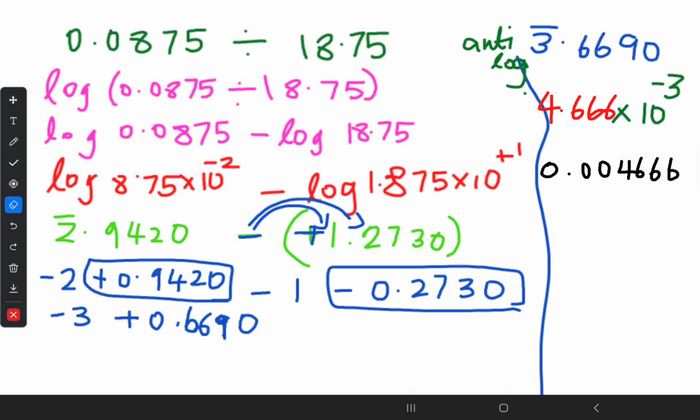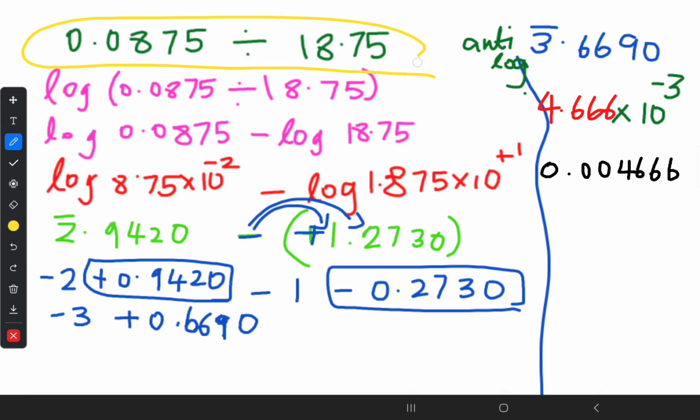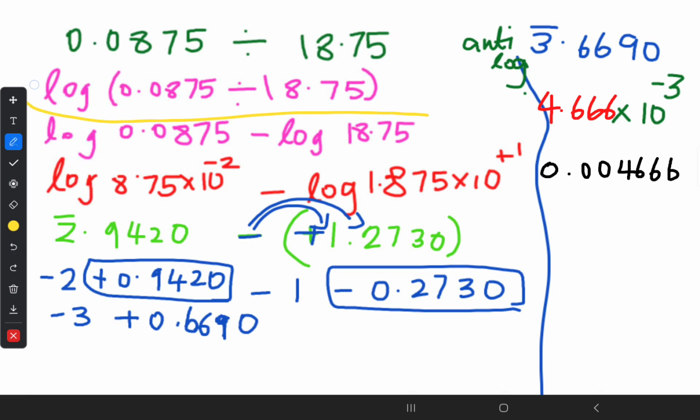From the beginning, a quick recap. Initially, there is a division. We introduced logarithms first. Thereafter, inside the logarithm, separately we indicated two subtractions. Then the decimal values in each logarithm were converted to scientific notation, and by using the logarithmic table we found 87th row and 5th column. Here 18th row, 7th column and 5th mean difference.